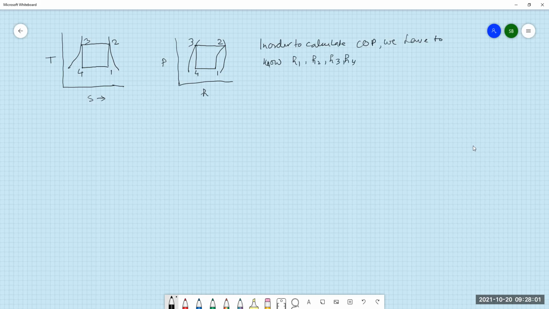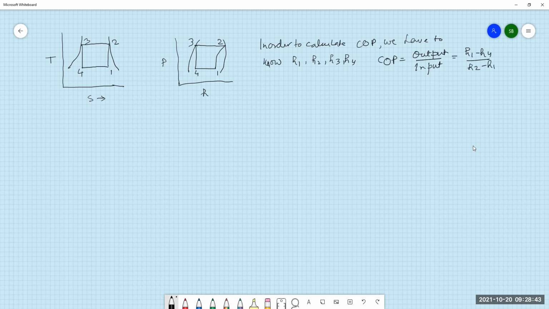That means the enthalpy at points 1, 2, 3, and 4, we are supposed to know to find the COP, because COP stands for output by input. Here output is the refrigerating effect, which is ranging from 4 to 1, that is H1 minus H4, and input is the work done by the compressor, which is ranging from 1 to 2, that is H2 minus H1. So you have to calculate all these as per the data given in your problem.